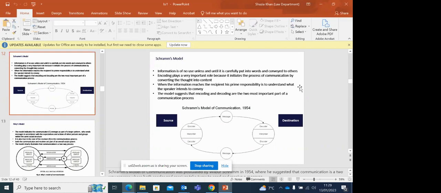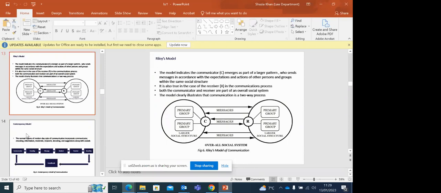Okay, then we've got Riley's model. The model indicates the communicator, which is C, emerges as part of a larger pattern, who sends messages in accordance with the expectations and actions of other persons and groups within the same social structure. It is also true in the case of the receiver, which is R, in the communication process.